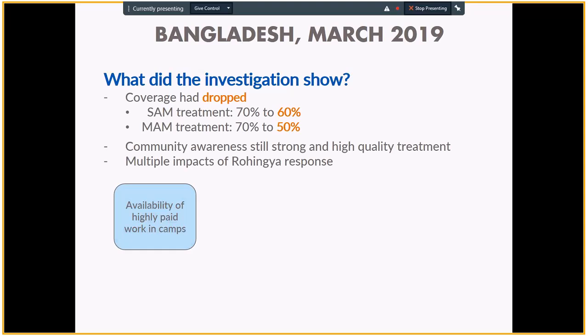When the Rohingya response came along, suddenly there was a huge amount of demand for work, normally much higher paid work in the camps, which led to a lot of people leaving their roles in the host community and moving to the camps. So unfortunately, there was a big human resources gap.